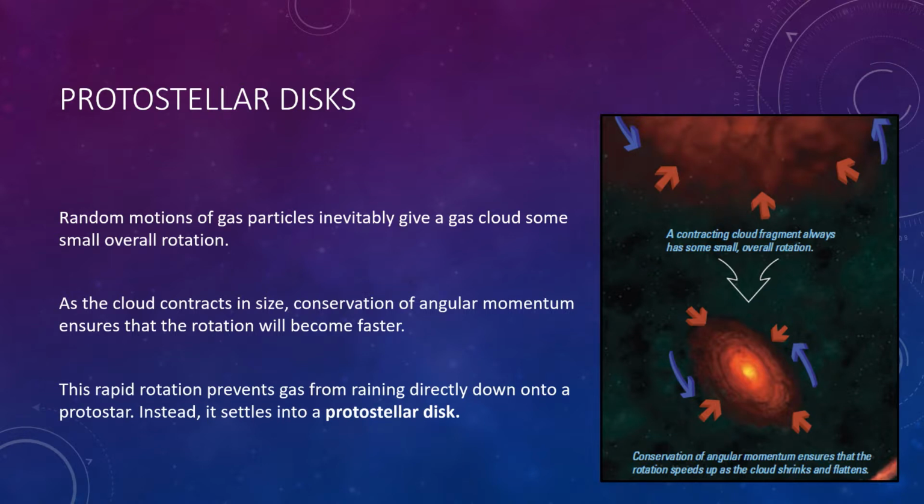Individual gas particles in the disk obey Kepler's laws, just like anything else that orbits a massive body, which means that gas in the inner parts of the disk move faster than gas in the outer parts. Because of these differences in orbital speeds, gas in any particular part of the disk rubs against gas that is slower moving with a slightly larger orbit. This rubbing generates friction and heat in the same way that rubbing your palms together makes them warm.